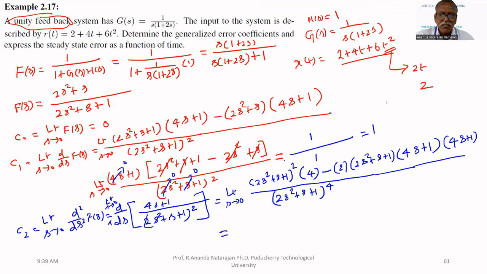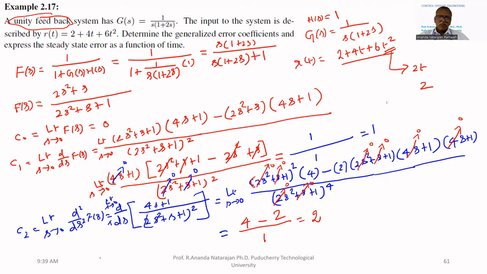If you let s tend to 0, these terms become 0. What you will get here is 4 minus 1 squared, which is 1, so 4 minus 2, which is 2, upon 1 to the power 4, 1. That is equal to 2.